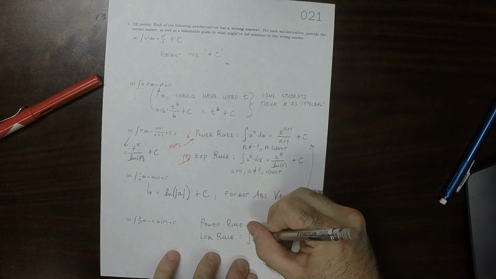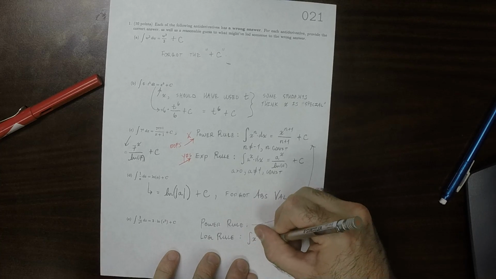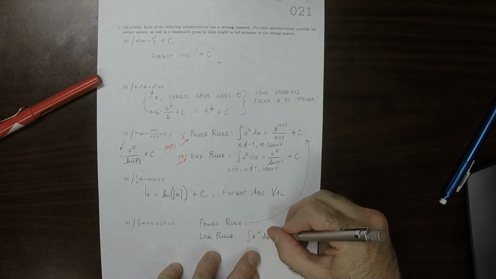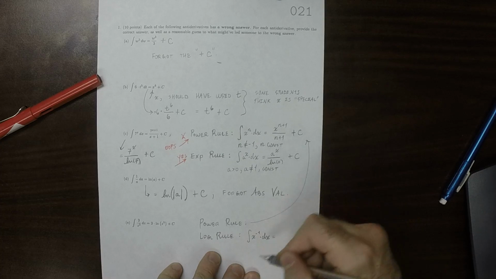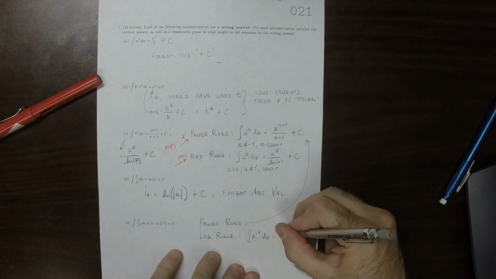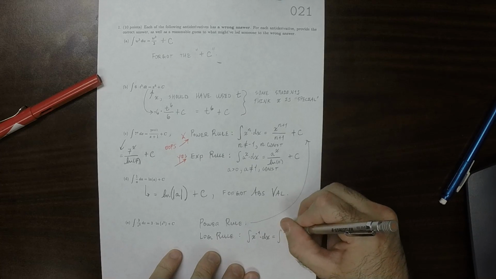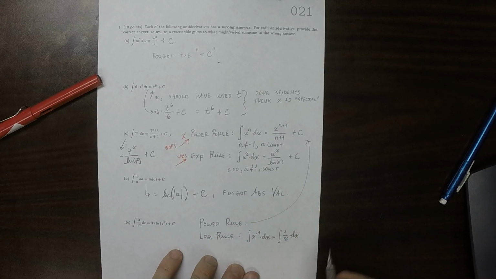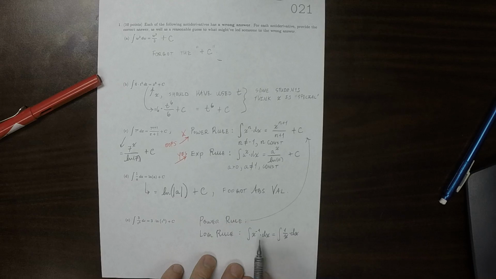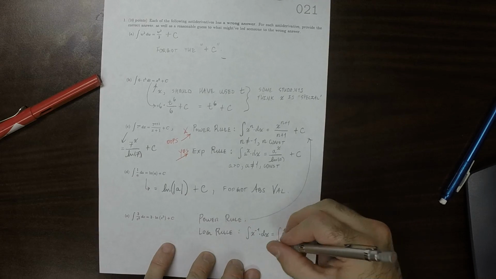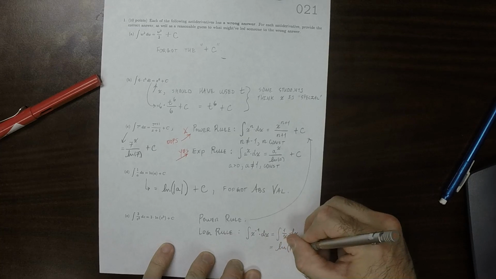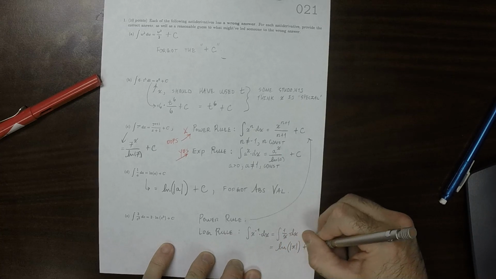So in the specific case that the exponent is -1, and remember that a negative exponent can be written as a positive exponent if you move that factor to the denominator. So this is 1 over x dx, like so. So the logarithm rule tells you what to do with such things. And the answer is that this is the logarithm of the absolute value of x plus a constant.